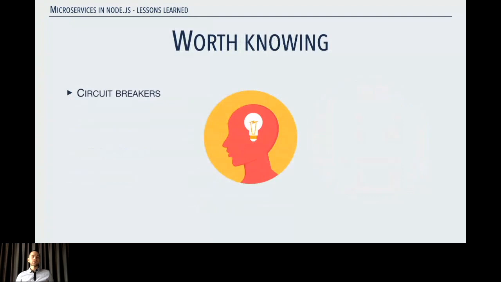It's also worth knowing some other things related to microservices, because I haven't introduced you to everything that can be used in microservices. So circuit breakers, a mechanism used to close communication between microservices.